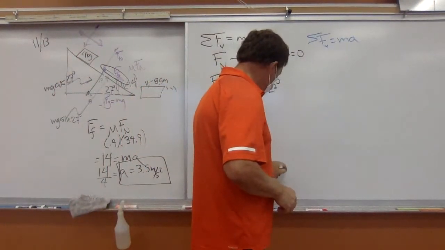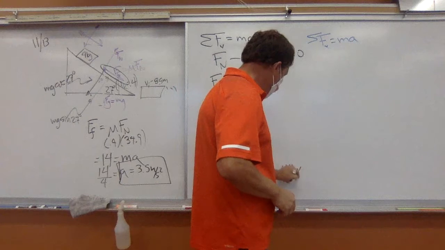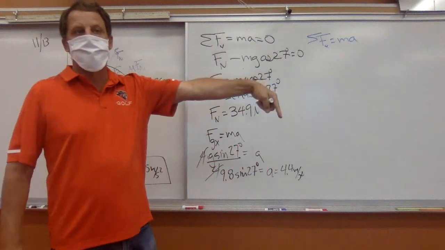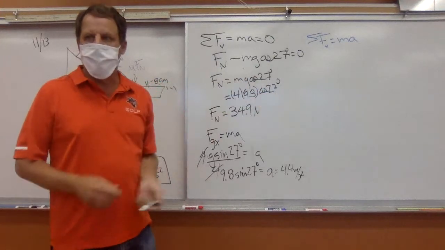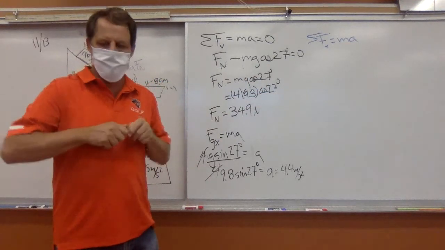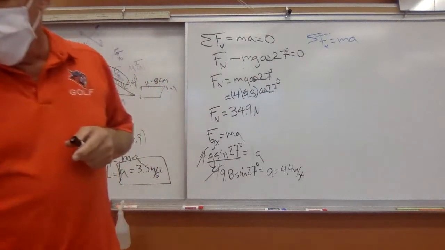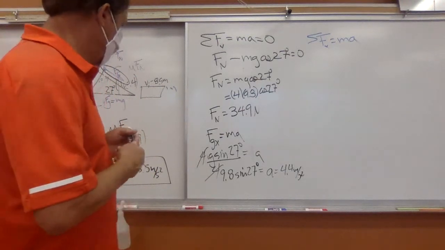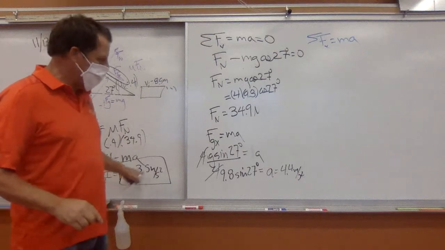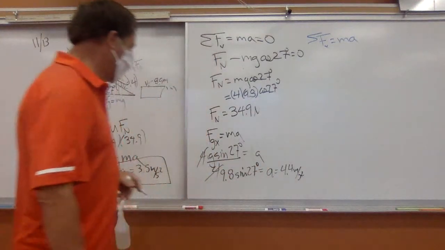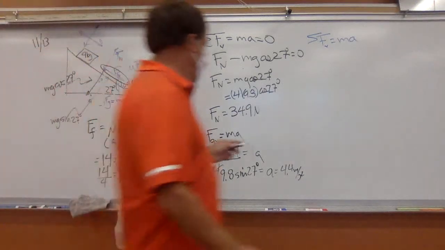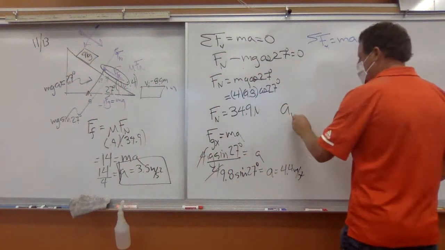So our acceleration is equal to 4.4 meters per second squared. That's down the ramp as well. We could call that positive or negative. Now our overall acceleration is going to be 3.5 plus 4.4, which gives us 7.9.